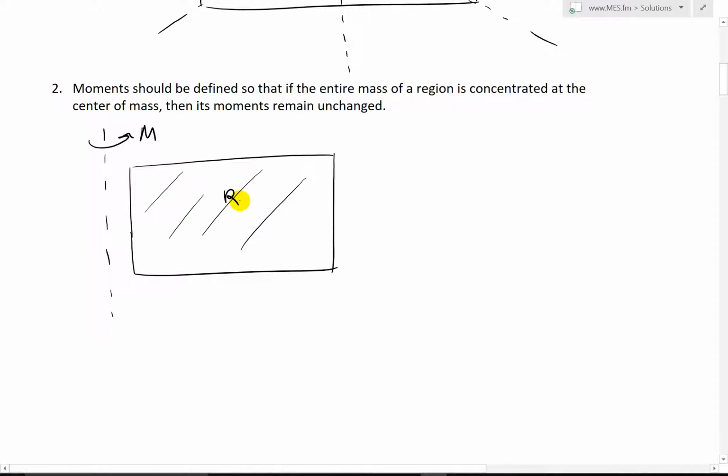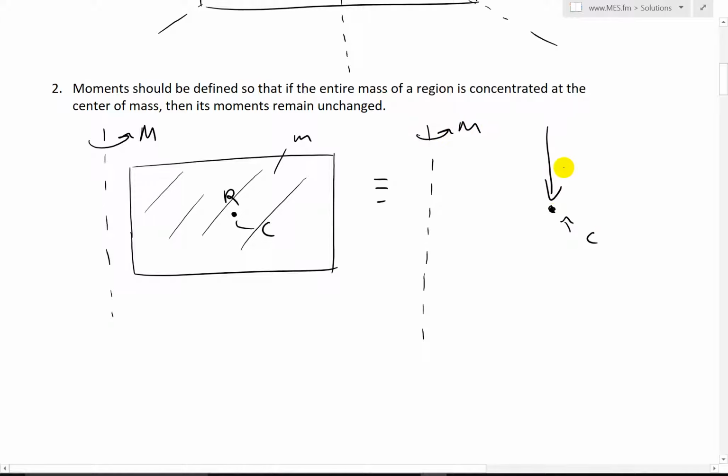the total moment of this entire mass, if we were to concentrate it all into one point, which would be the center of mass right here, we'll call that C for centroid. So if we took this entire mass M and put it into one point at the centroid C, then the moment is going to be the exact same.